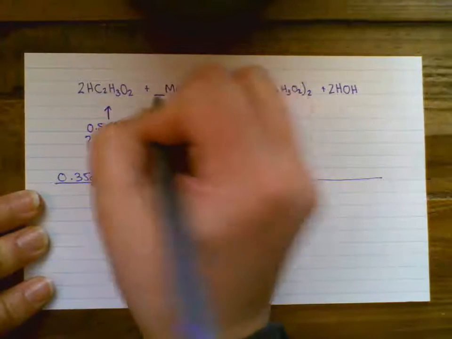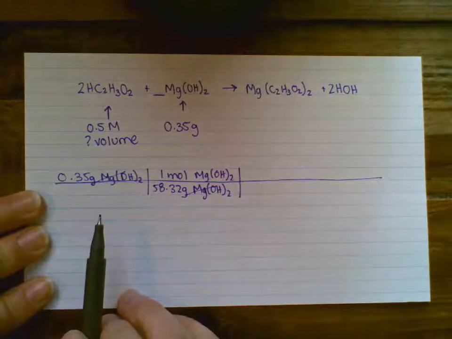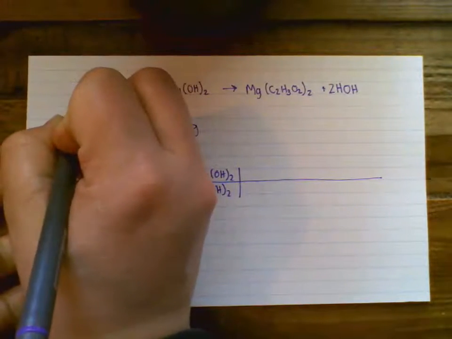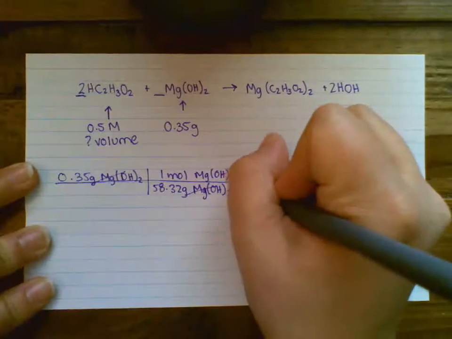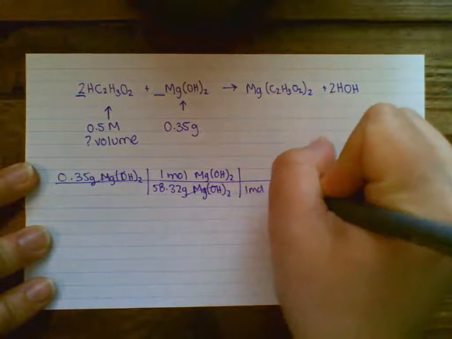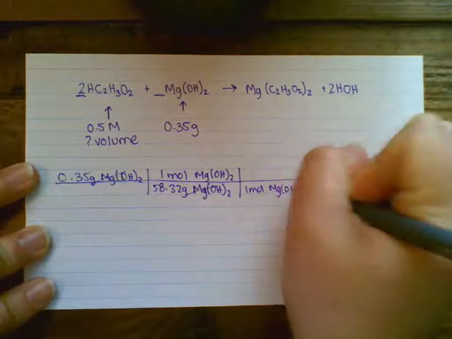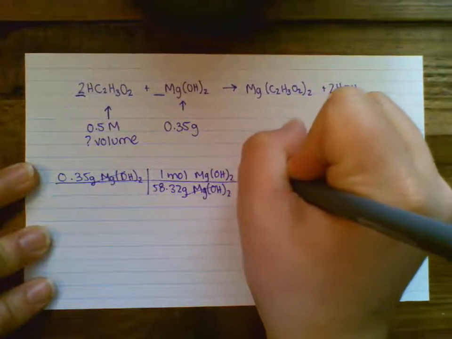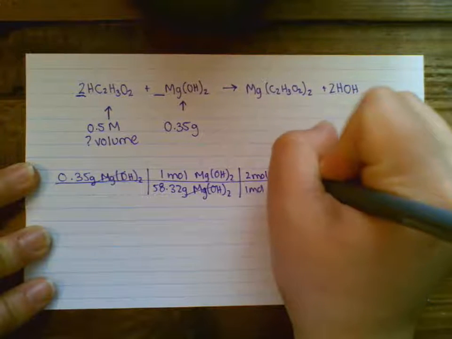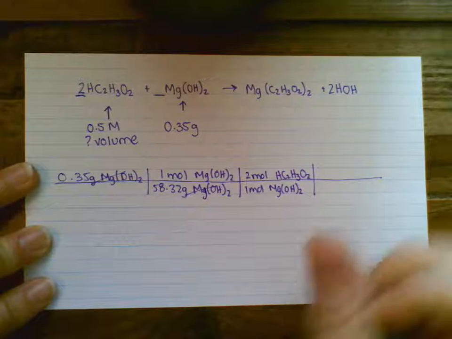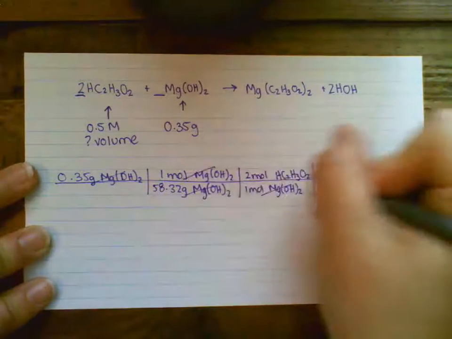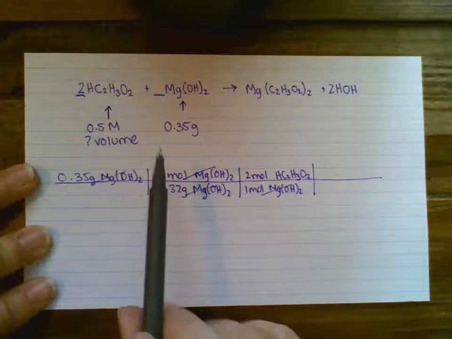Here I have 1 mole of magnesium hydroxide, there's no number in front, is needed to react with 2 moles of acetic acid. So 1 mole Mg(OH)2 for 2 moles HC2H3O2. Again, now my moles are going to cancel here, so now I'm into moles of acetic acid.